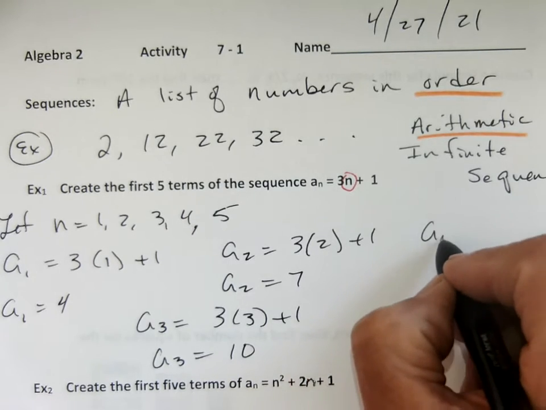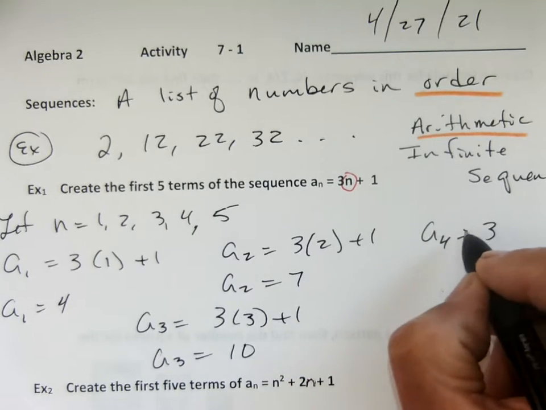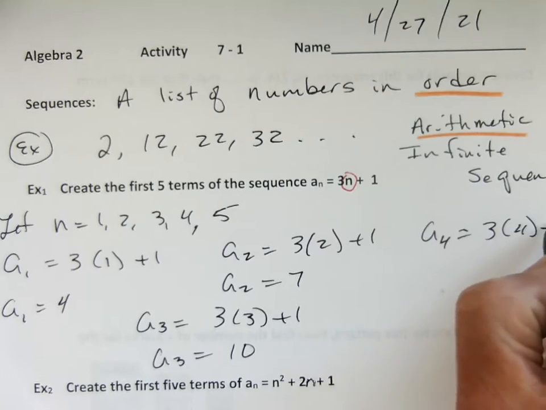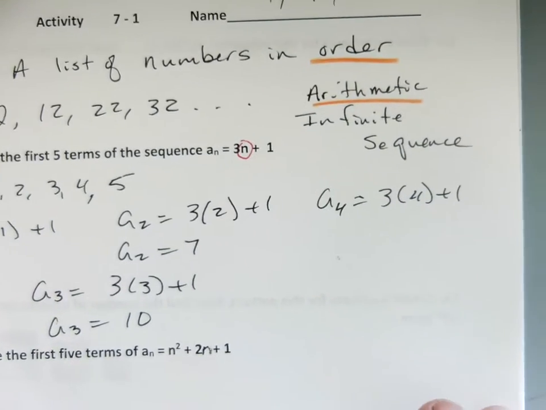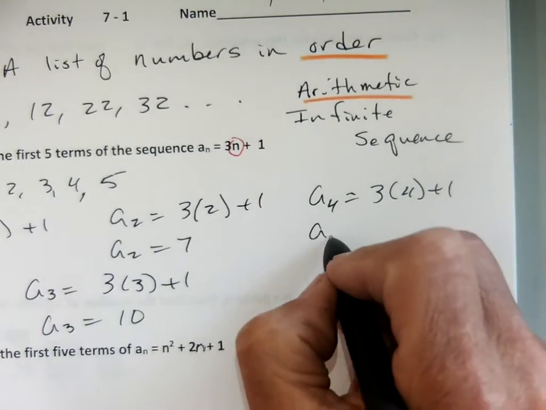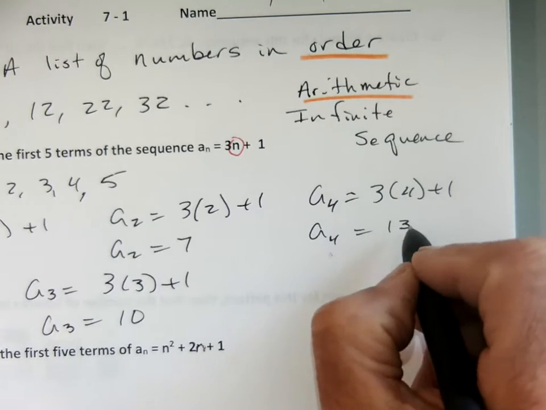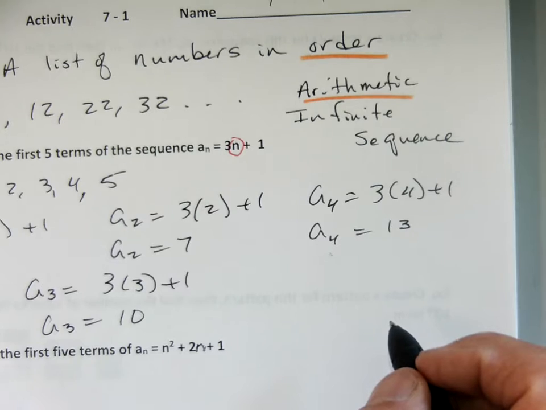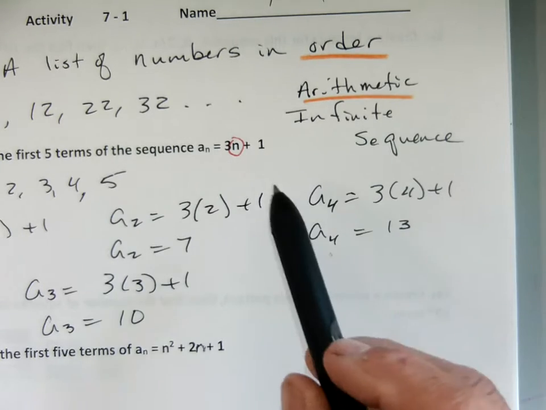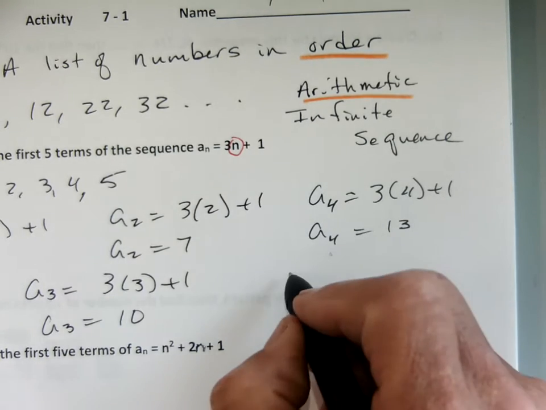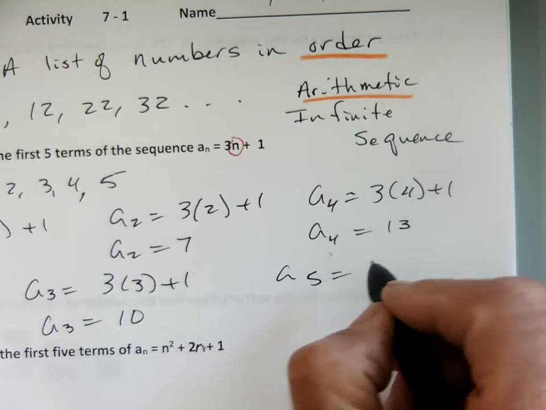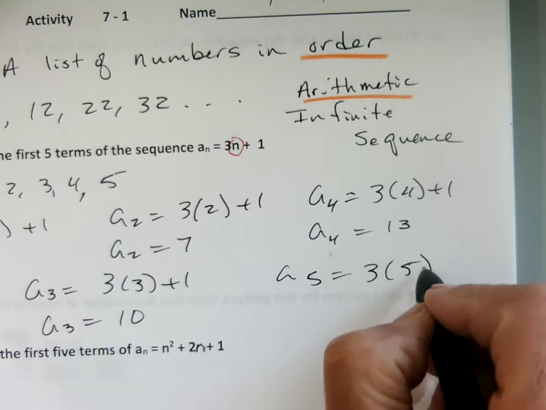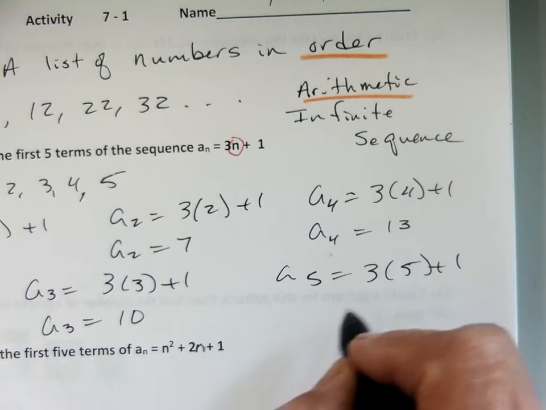A4, well, that's easy. 3 times 4 plus 1, right? Which is 12 plus 1, which is 13. Okay, you guys see a pattern yet? They're going up by 3s, right? And that's where this 3 comes in. A5 then obviously is 3 times 5 plus 1, which is 15, plus 1, which is 16.